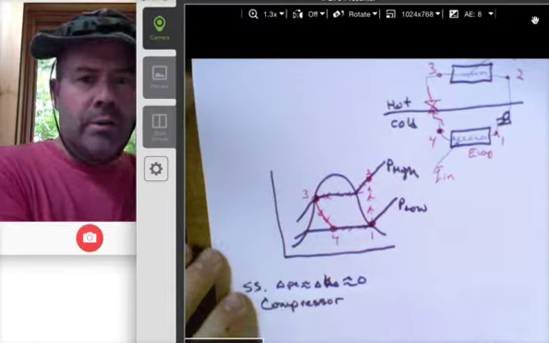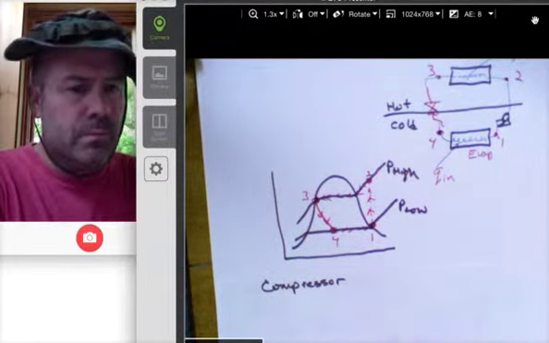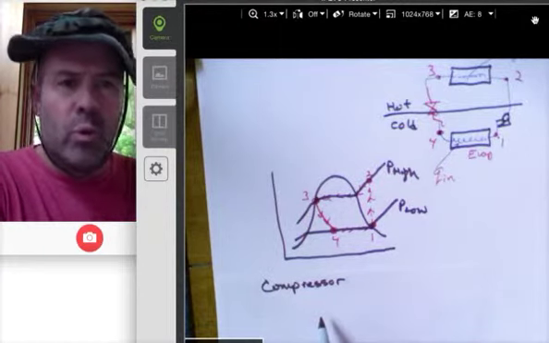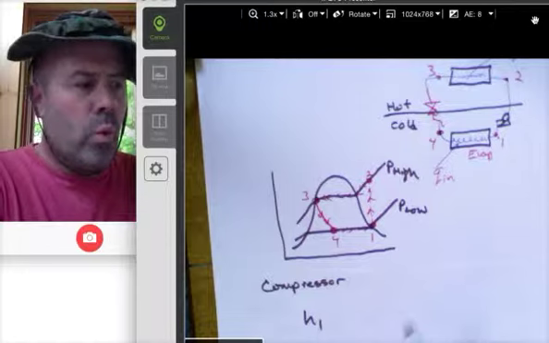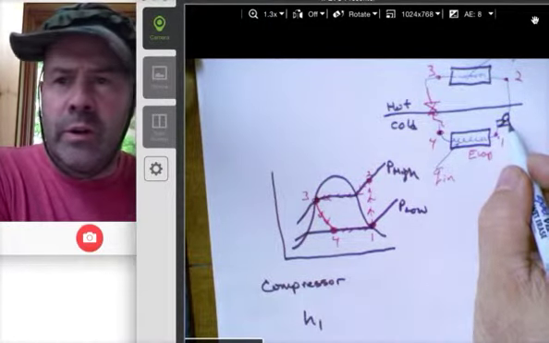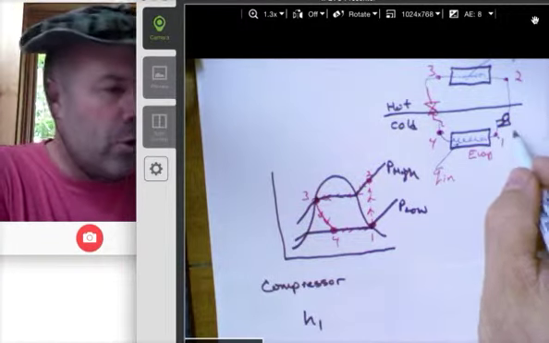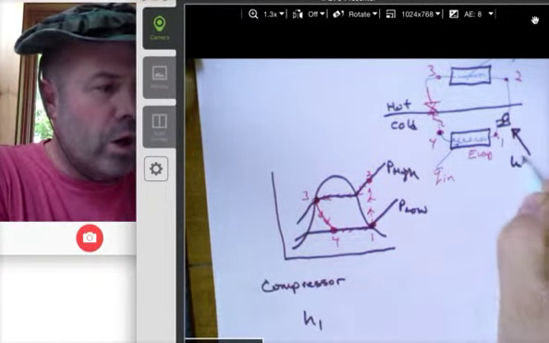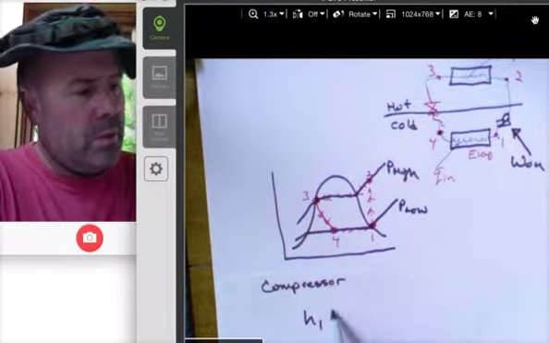Hoping you pressed pause, and when you write the first law for the compressor, you said, well, what's going into the compressor? H1. What kind of energy are we doing in the compressor? Is it Q in, Q out, work on, work by? I hope you said, well, that's work on. That's a shaft spinning, putting energy in, plus work on.